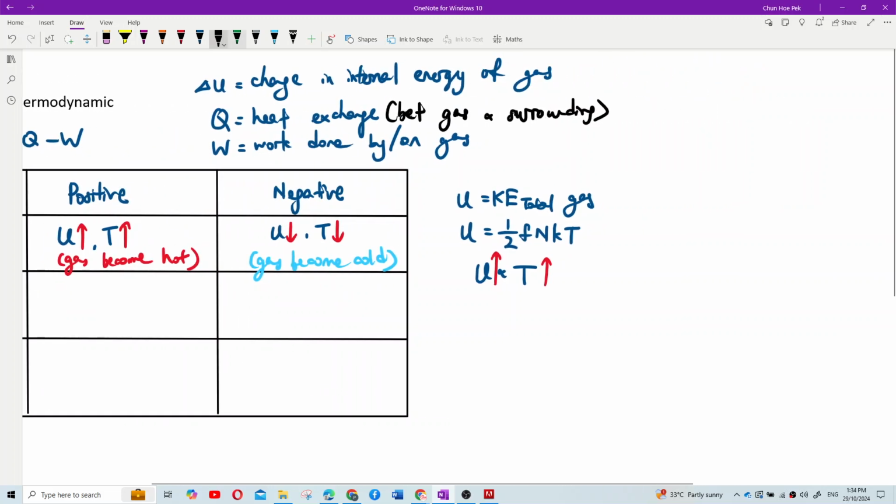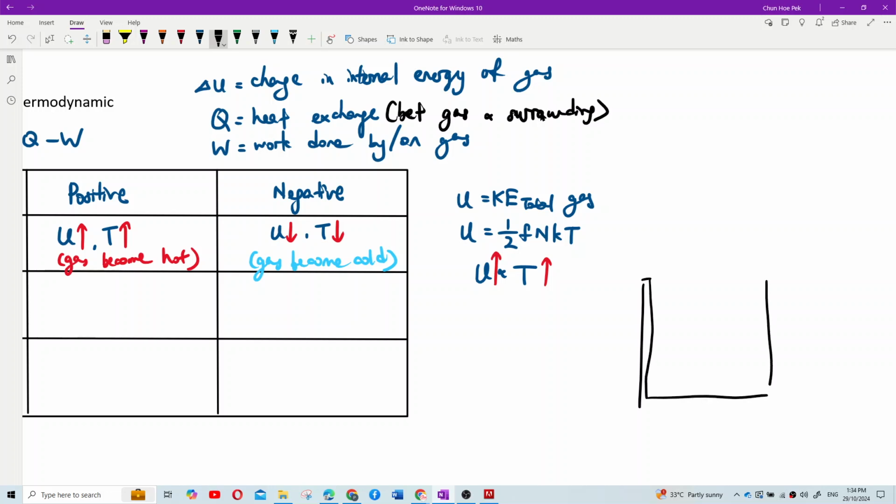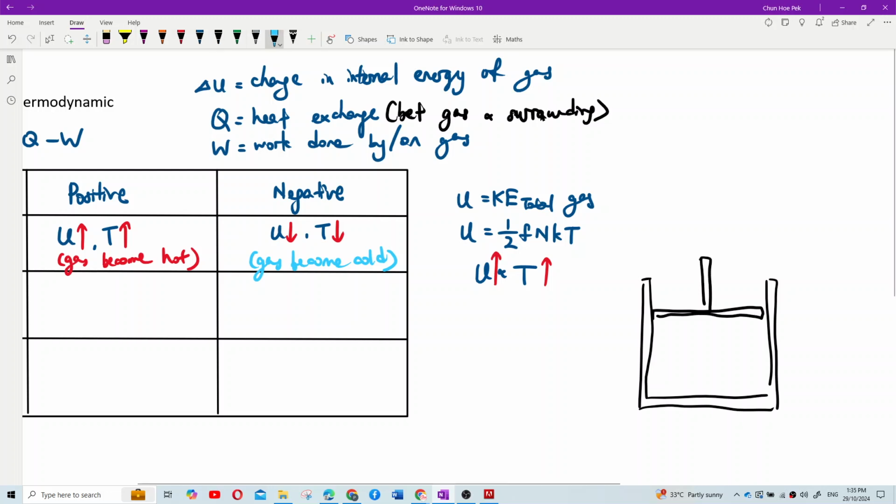So you can imagine if you have a container with a piston, and inside the container we have gas.